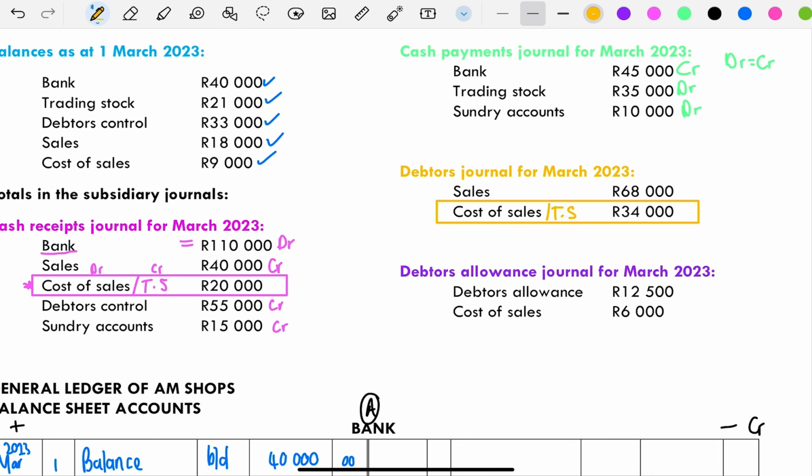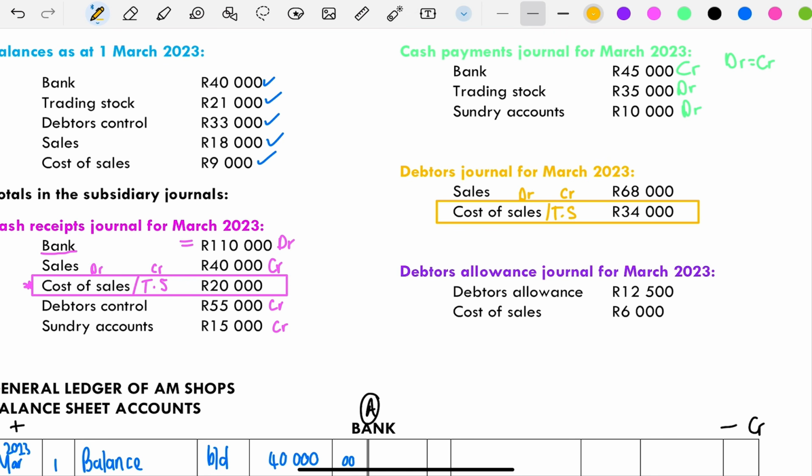Because again, in the debtors journal, we are selling trading stock, which means my trading stock is going to become less because I'm selling it, it's going out my door, and the cost of sales will then have to be debited. So cost of sales, you'll see, always goes with trading stock.